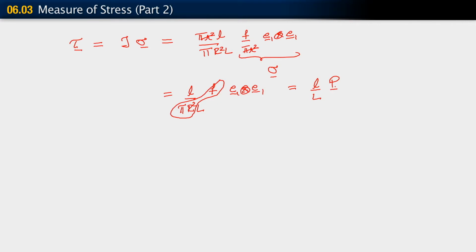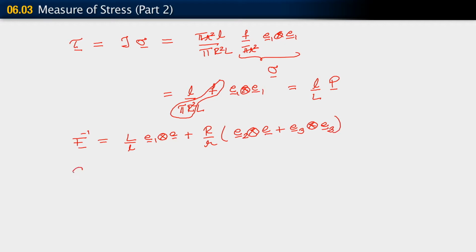And finally, what is F inverse? F inverse is capital L over little l E1 tensor E1 plus capital R over little r E2 tensor E2 plus E3 tensor E3.